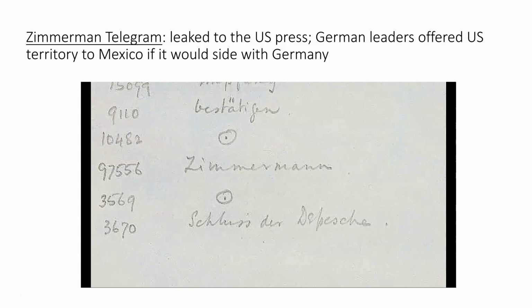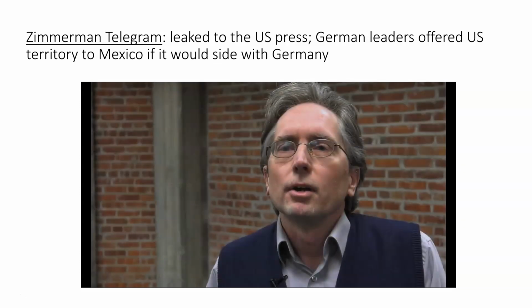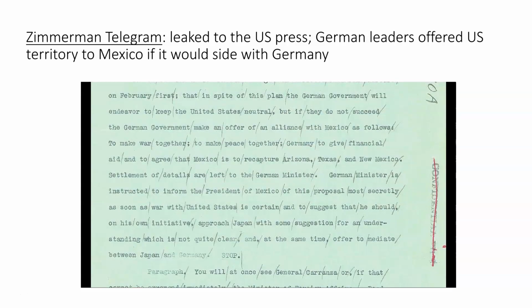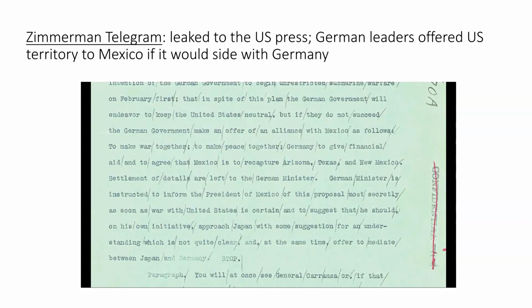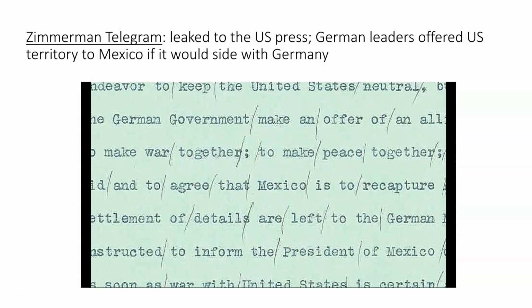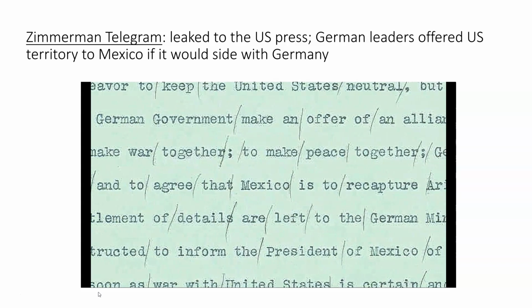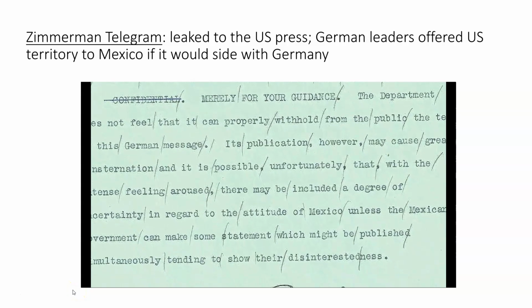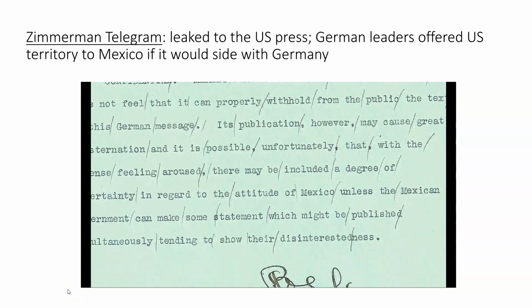Germany offered to help Mexico gain back its territory lost to the United States in earlier conflicts. The telegram was intercepted by British intelligence, decoded, and shared with the United States, and it showed evidence that Germany was plotting with other countries to attack the United States. This was one of the significant reasons why the United States was provoked into entering the war.